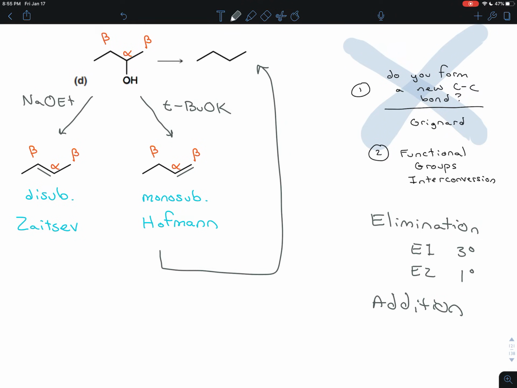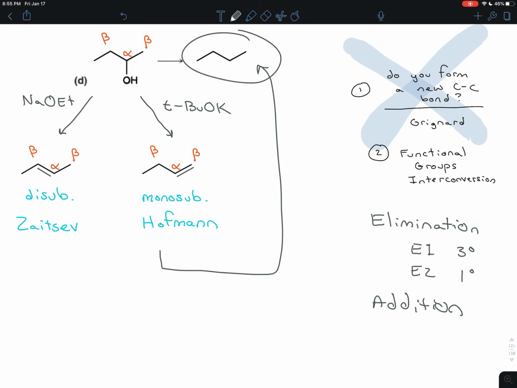Because remember, electrons are the glue that keep atoms together. If you have a lot of electrons in a small space, like you do when you have a pi bond, then you have extramolecular glue there. You can use that to add new things onto the molecule. In the process, the pi bond will go away. It'll be used to stick the new things onto the molecule. So if you ever see a pi bond go away, you know to do an addition reaction.